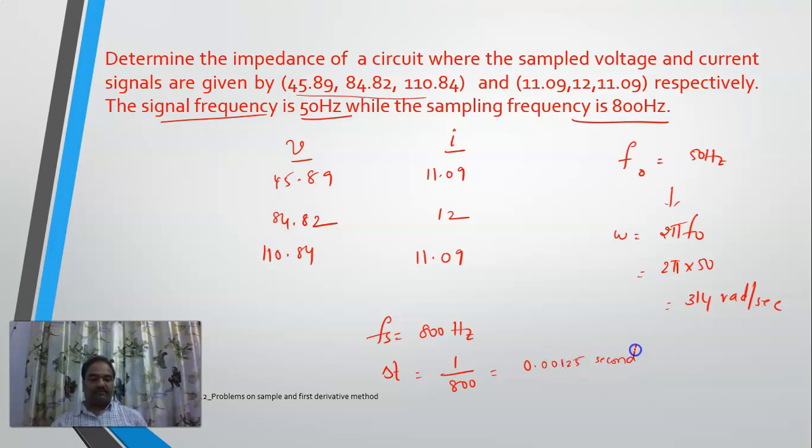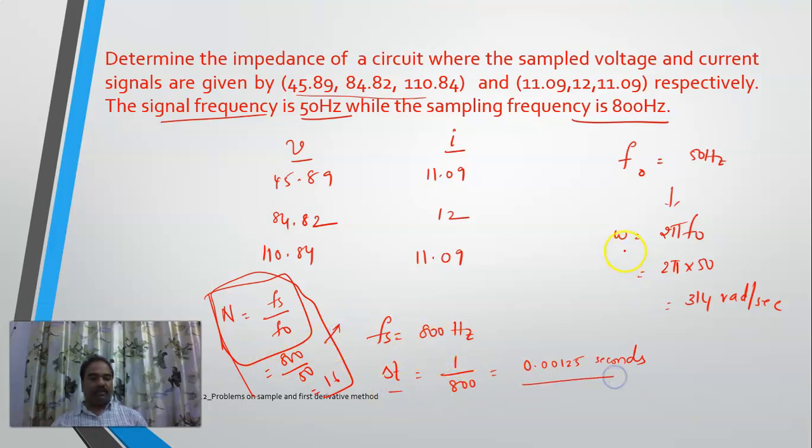Now, the number of samples, try to remember this formula, n is equal to fs by f0. In this case, it is 800 by 50, which is 16. Try to remember this formula. But as of now, I don't need this one. I'm more concerned about delta t, omega, and my v and I.